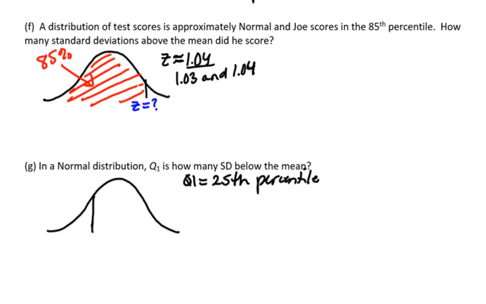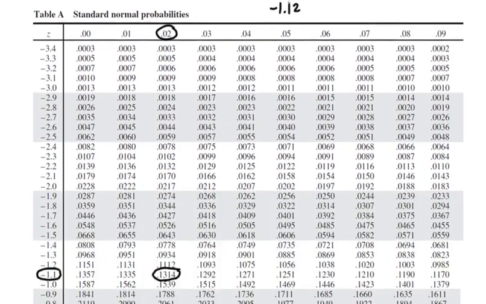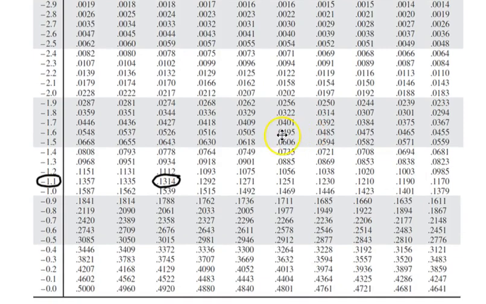So I'm going to just kind of eyeball what I think looks like about 25% of the area under the curve. So if this is 0.25, then what is z? So we're going to do the same thing. We're going to look for 0.25 in the table in the area part. So we're to the left of the mean, so we're going to look in the places where the z values are negative, and I'm going to look for 0.25.